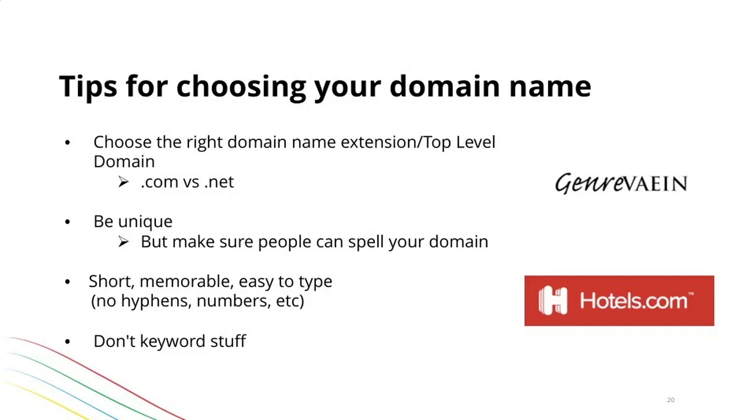That's super keyword stuffed. Google will deprioritize you and move your page farther back in their search results, because they know you're most likely not providing quality content, and they want to put quality content up in front of people who are searching for it. So don't keyword stuff. Okay, those are my tips for choosing your domain name.